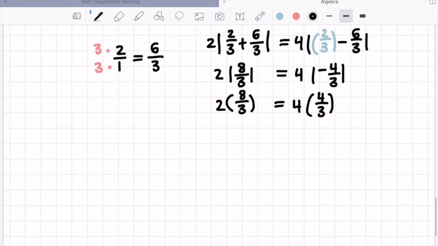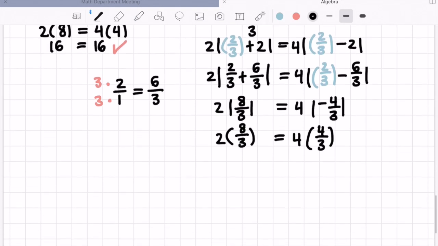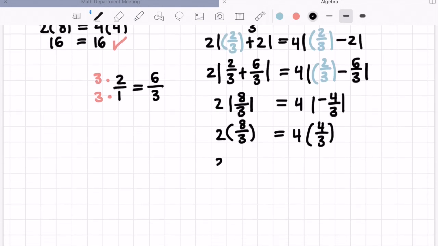Last step is to multiply. So since we're looking at fractions, I'm going to change my whole number into a fraction. That makes it easier for me to see what I am multiplying with each other. And then the same goes for the other side as well. So I get 4 over 1 times 4 over 3.